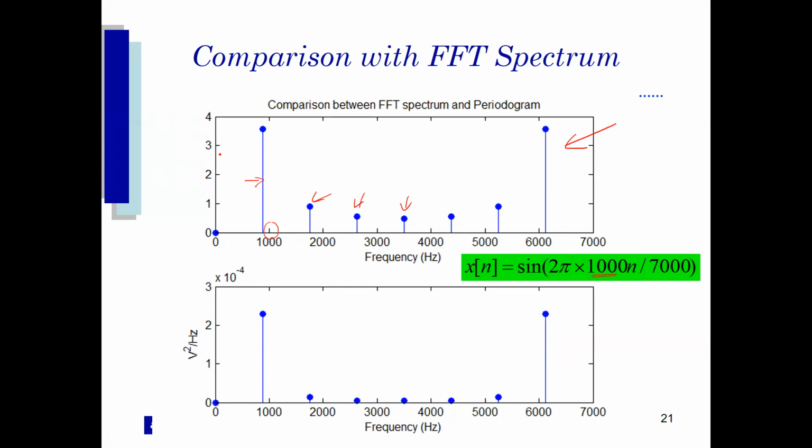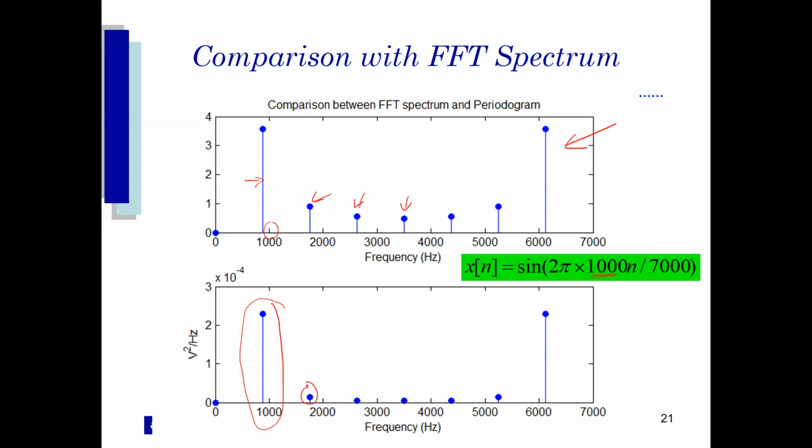But if I were to take this signal and do the periodogram on it, in other words, look at the power spectral density of this signal on top, look at what happens below here. It is telling me that all of the power in this signal is really concentrated in one frequency component.